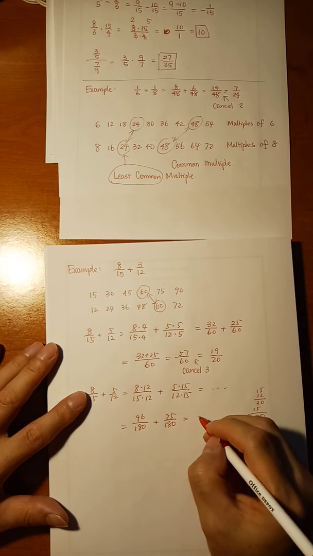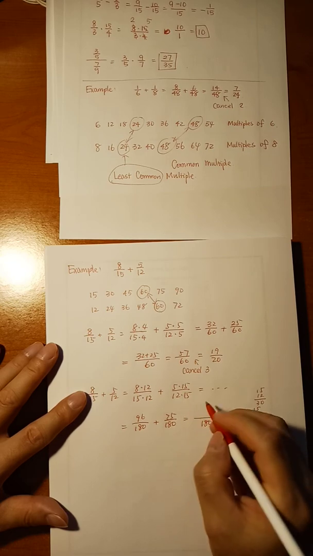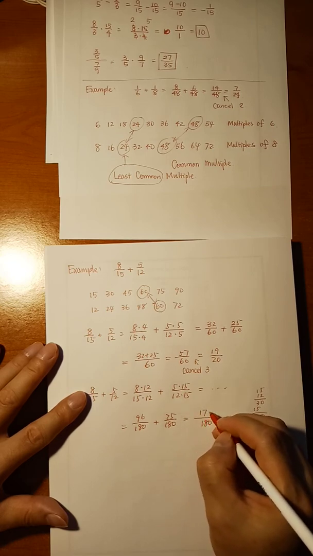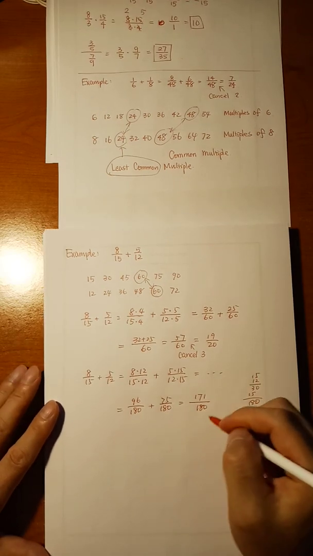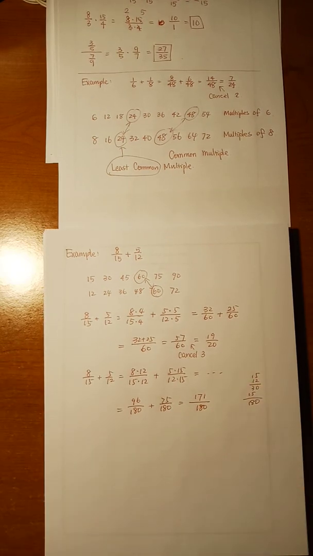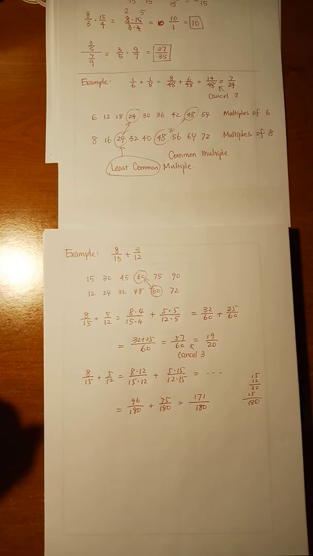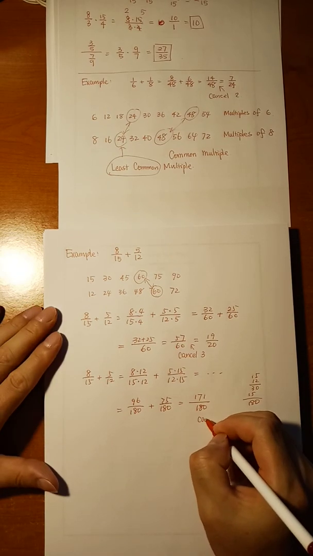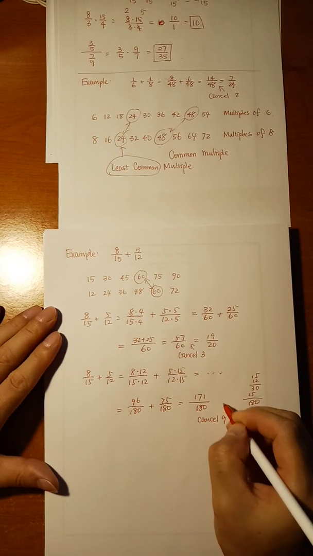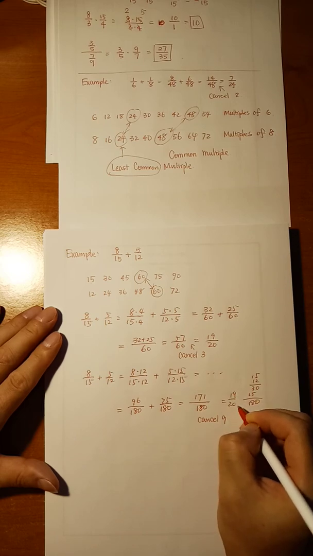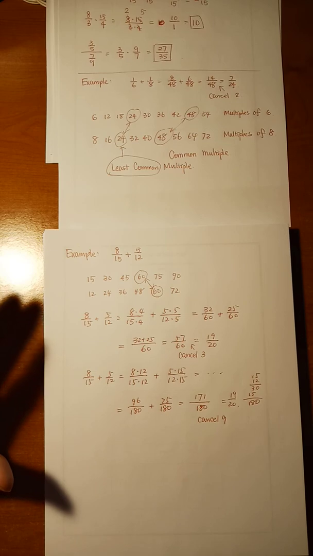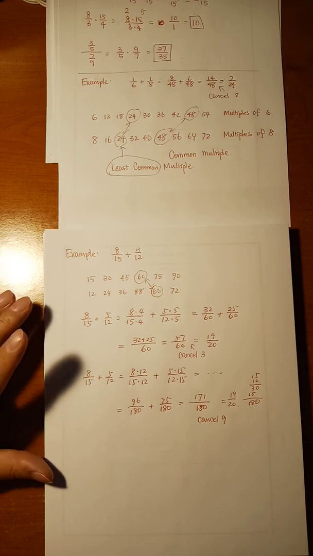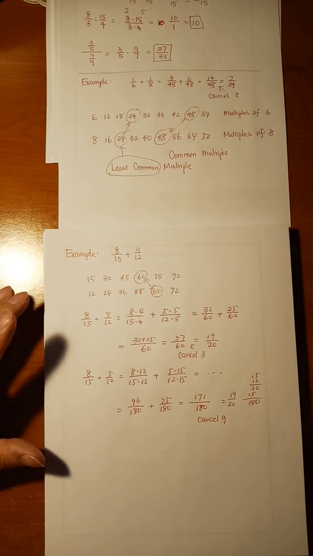What is that? 171, yeah. And 171, you still need to cancel. Step by step, after cancellation, you will get the answer, right? So you cancel the number 9, you will get 19 over 20. The same thing, but those numbers are large. If the number is large, it will give you a big chance to make a mistake. So that's the only thing.